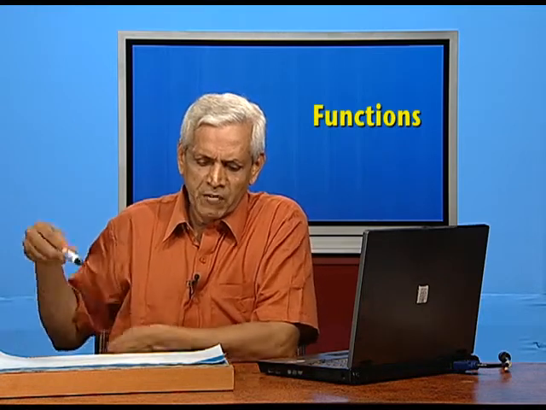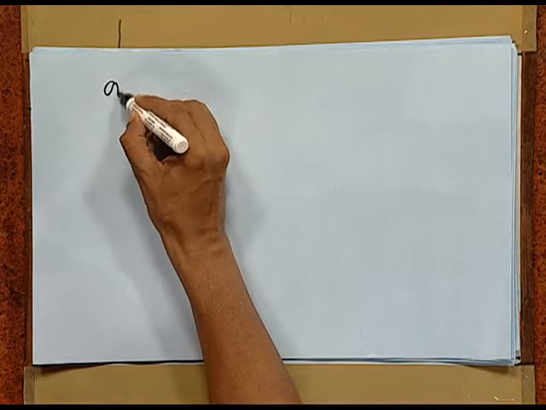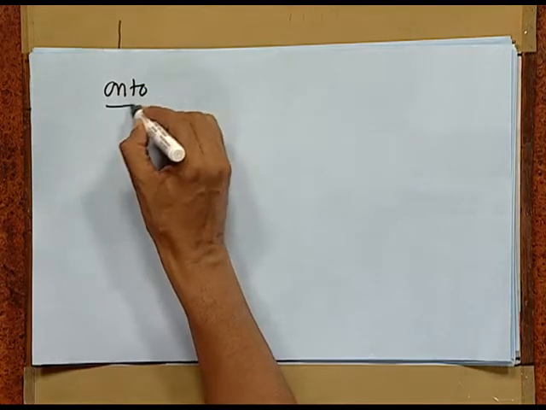First of all, we define what is known as onto. A function is called onto if the codomain has no free elements.